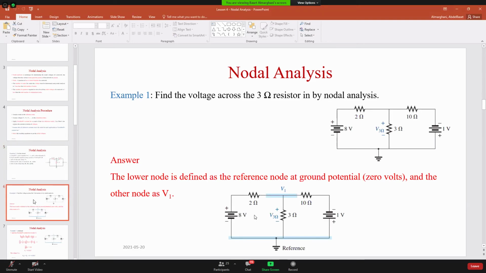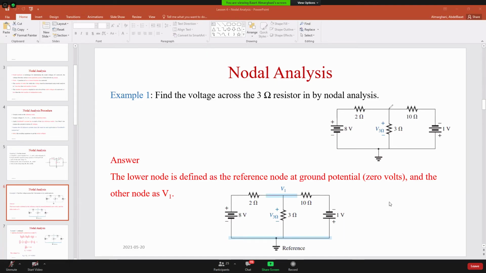Okay, we're going to do this example. So first thing is, how many nodes do we have in this circuit? Two. 2 nodes.